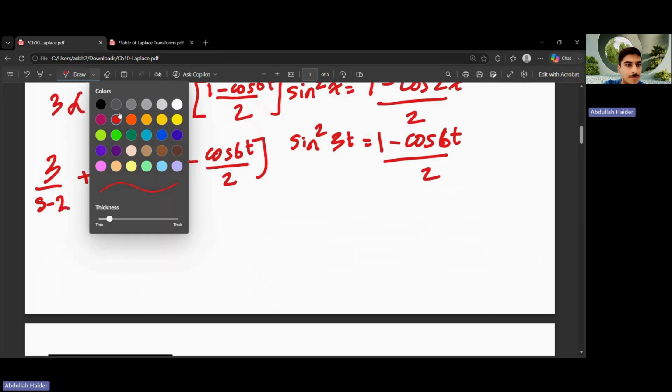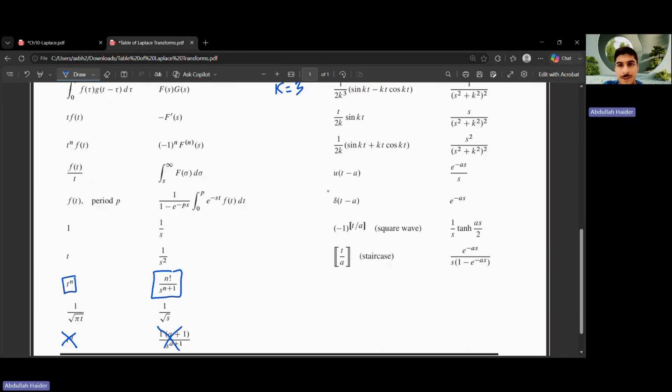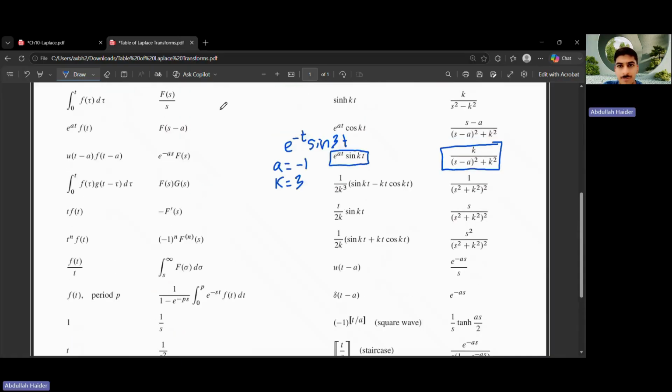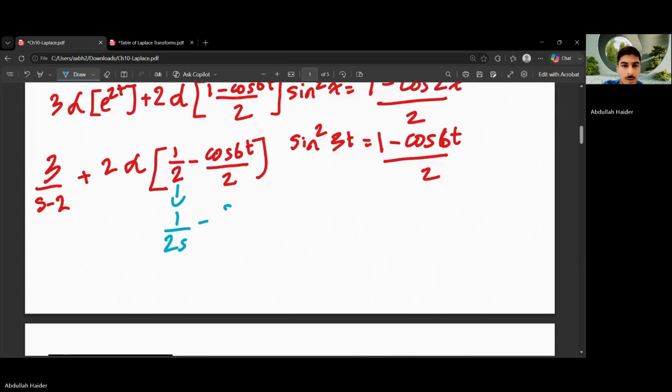So in this case, this 1 over 2 will become 1 over 2s, minus now this cosine 6t. We have cosine 6t over there means k is 6, so s over s squared plus 36, and this is multiplied by 2.